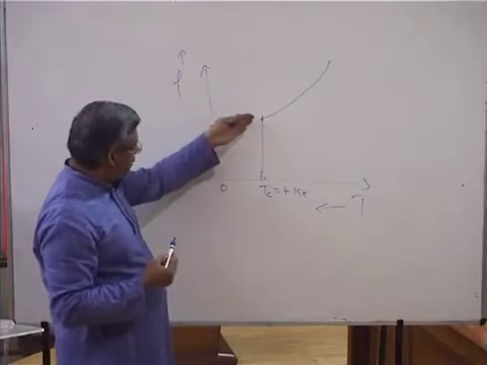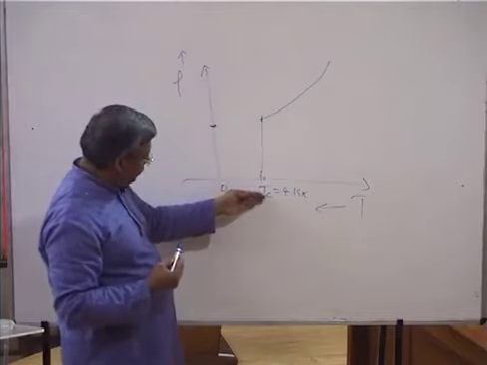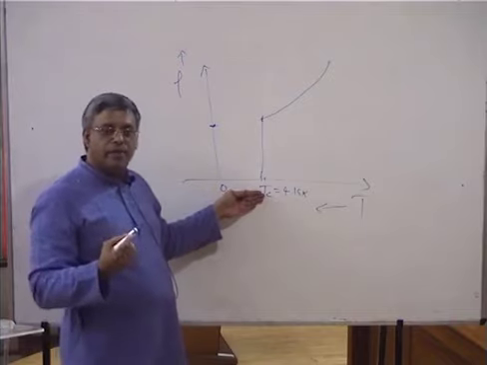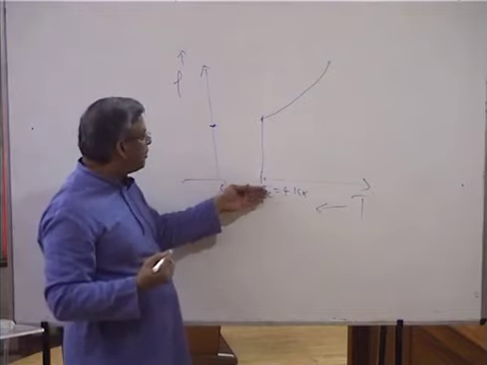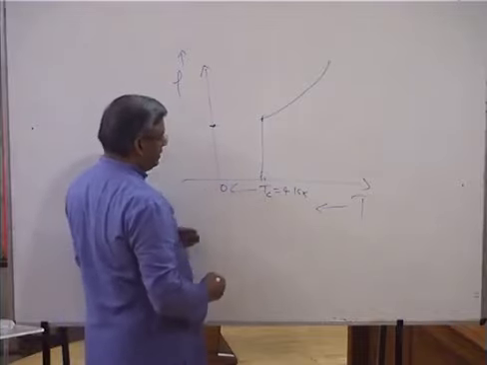As you see, the resistivity of the material falls to 0, which means the conductivity of the material becomes infinite at a particular temperature and below that temperature, which is called the critical temperature.